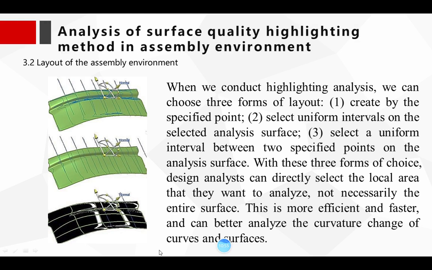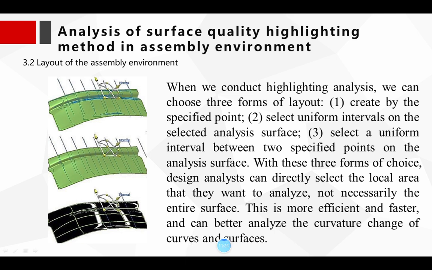When we conduct a highlight analysis, we can choose three forms of layout. The first one is created by a specific point. The second is to select uniform intervals on the selected analysis surface. The last one is to select a uniform interval between two specified points on the analysis surface.